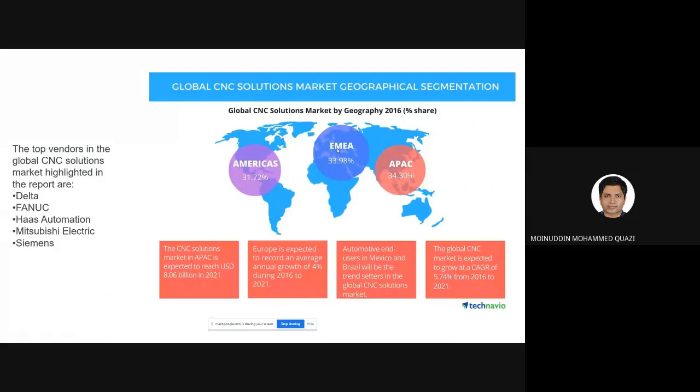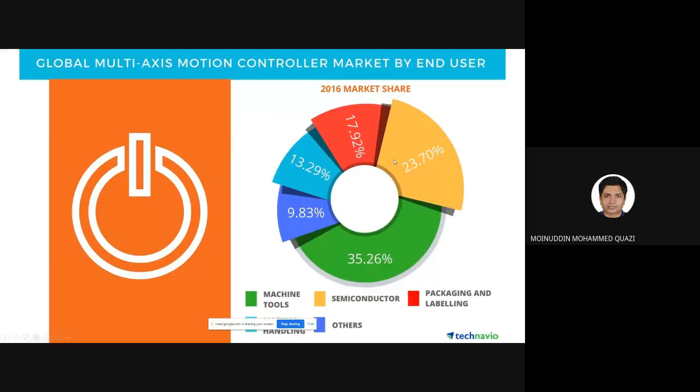Now, before Corona or before COVID, the global CNC market was very good. Companies like Delta, Fanuc, Haas Automation, Mitsubishi, and Siemens were getting superb orders and superb global growth. You can see in America, in Europe, and in Southeast Asia, the growth rate was more or less the same.